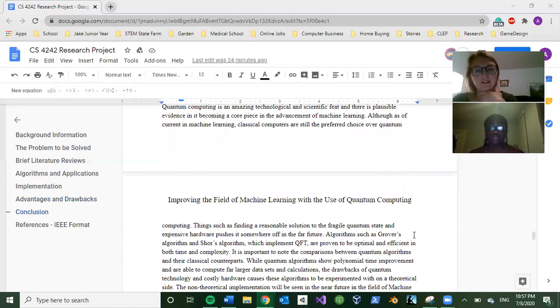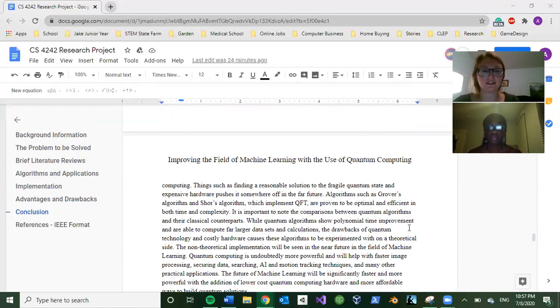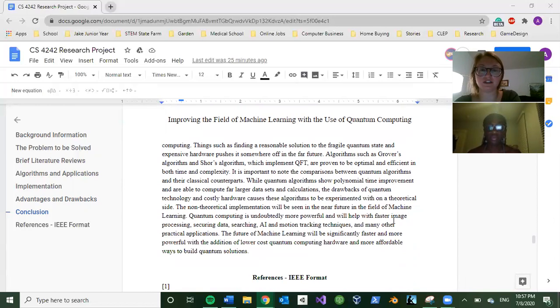So in conclusion, we talked about Grover's algorithm and QFTs and the efficiency compared to their classical counterparts, and the advantages and drawbacks of quantum machine learning.